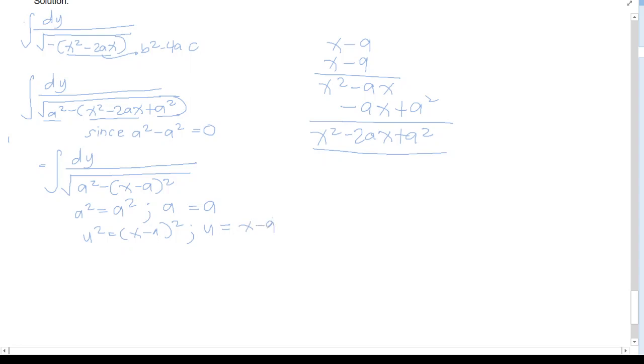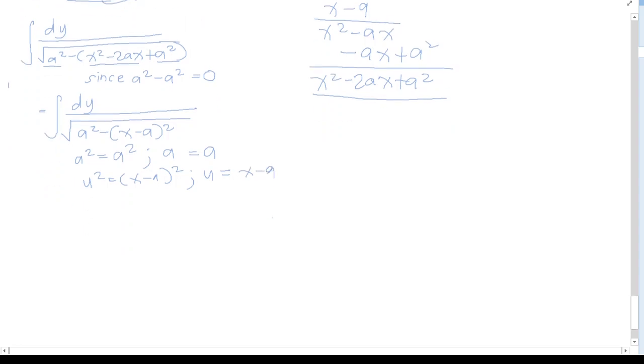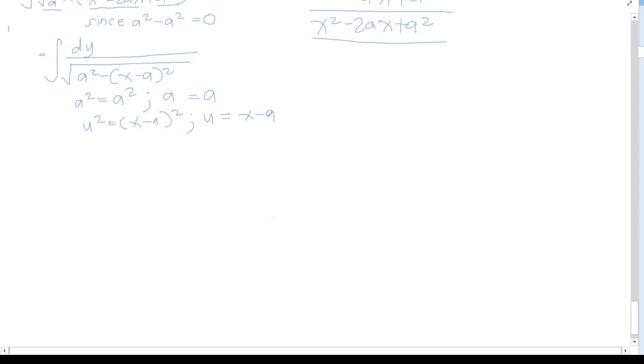Okay, so let us use arc sine. The formula of arc sine is equal to the arc sine of u, which is x minus a, divided by a, plus c.